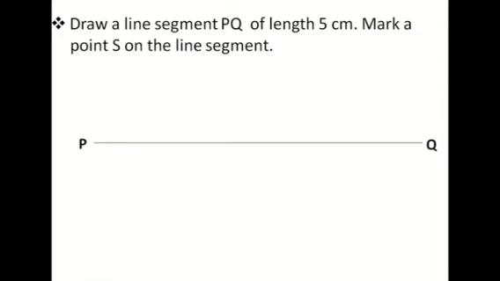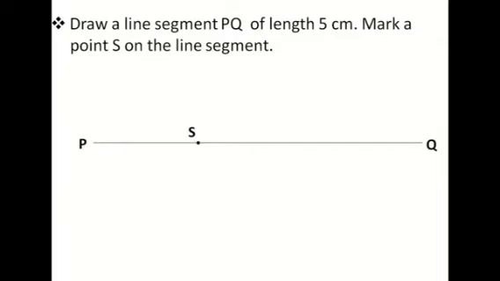Now the line segment PQ is ready. You have to mark a point S on the line segment. Take a point S anywhere on this line segment. I have taken one point here. You can choose anywhere because there is no restriction given in the question.